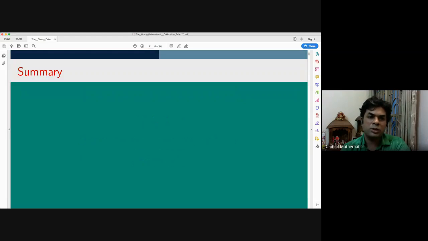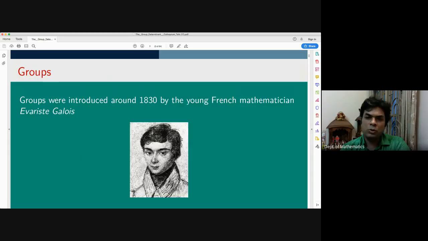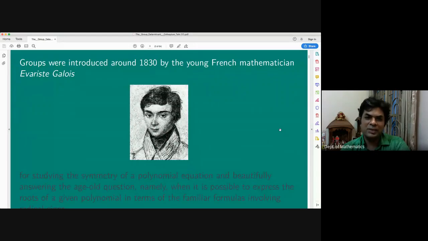So what is this about? Let me begin with groups. You know that groups were introduced by a young man called Évariste Galois. He found a very nice way to answer the question about writing down formulas for polynomial equations in one variable: for which degrees can you write formulas which give the roots of the equation?